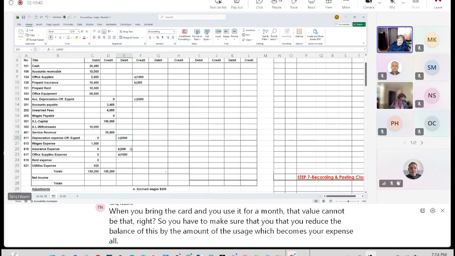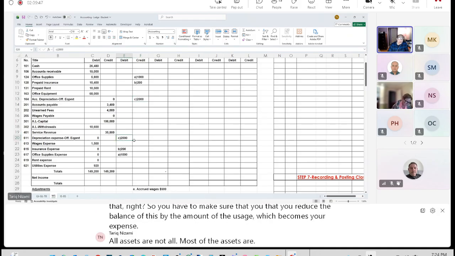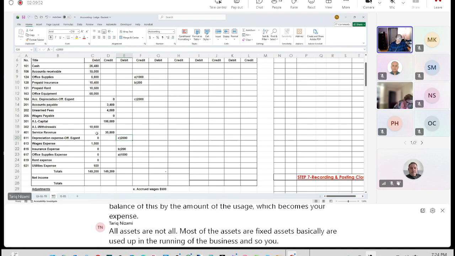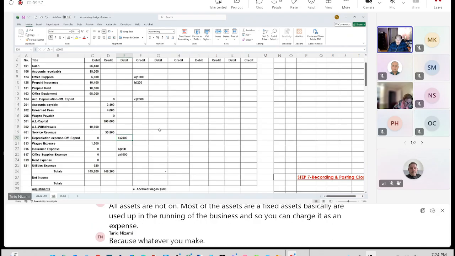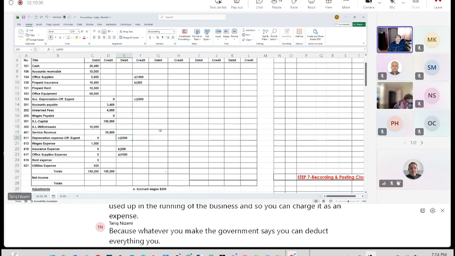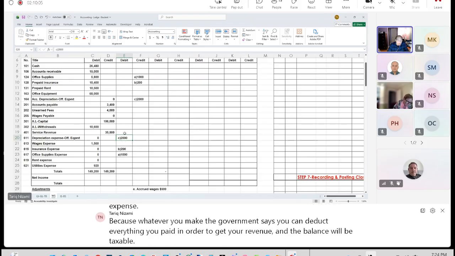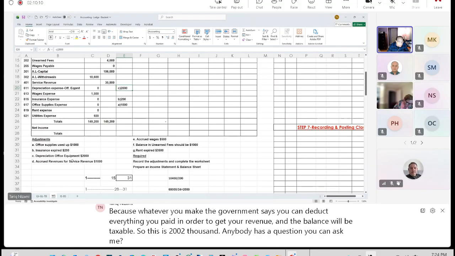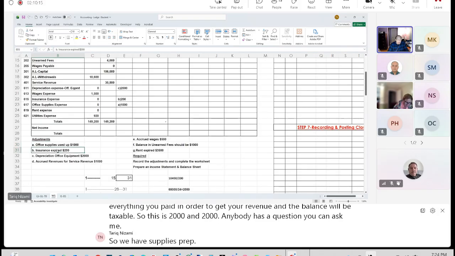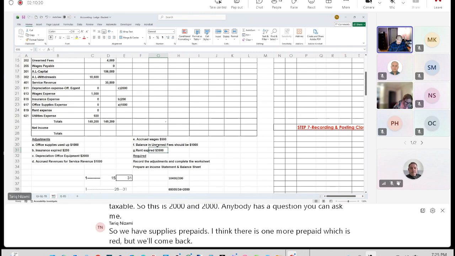Most of the assets, fixed assets basically, are used up in the running of the business, so you can charge it as an expense, because the government says you can deduct everything you paid in order to get your revenue, and the balance will be taxable. So this is 2,000 and 2,000. Anybody has a question, you can ask me. So we have supplies, prepaids. I think there is one more prepaid, which is rent, but we'll come back to it later.